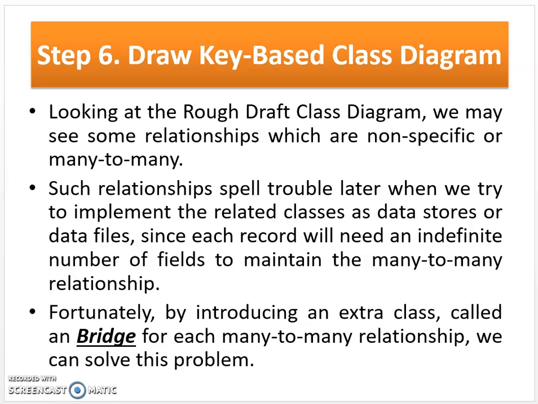Then we need to create a bridge or a composite class between employee and department, and also between employee and project, in order for us to resolve a many-to-many relationship by breaking it into one-to-many relationship and one-to-many relationship on the other side.